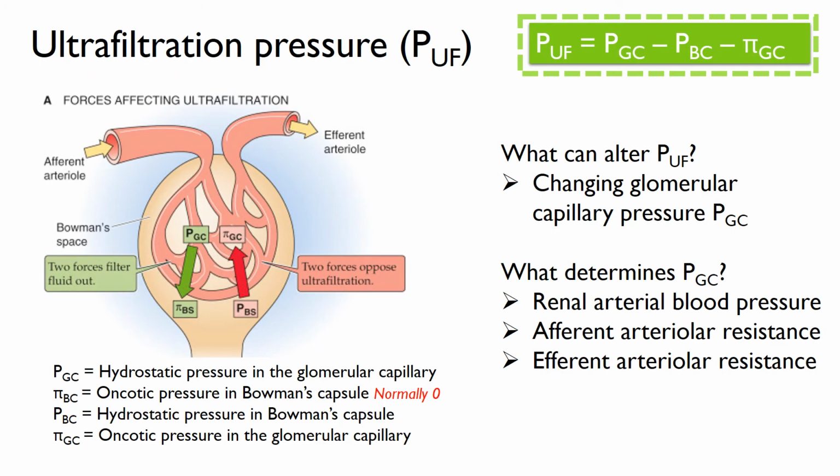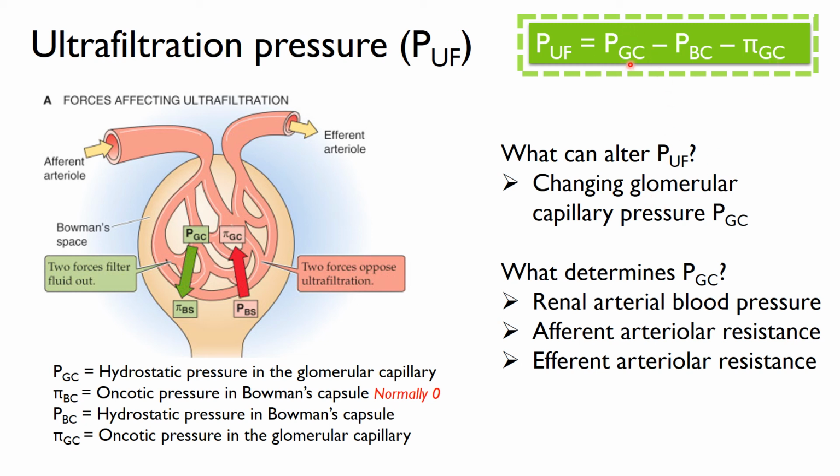So that leads to the question, what can change those three variables? Well, something that can easily be changed is the ultrafiltration pressure. Ultrafiltration pressure is calculated by the following equation, and this is something I'm trying to emphasize to you here. PUF equals the pressure in the glomerular capillary minus the pressure in Bowman's capsule minus the oncotic pressure in the glomerular capillary. So about 2 slides back, this is the same equation.